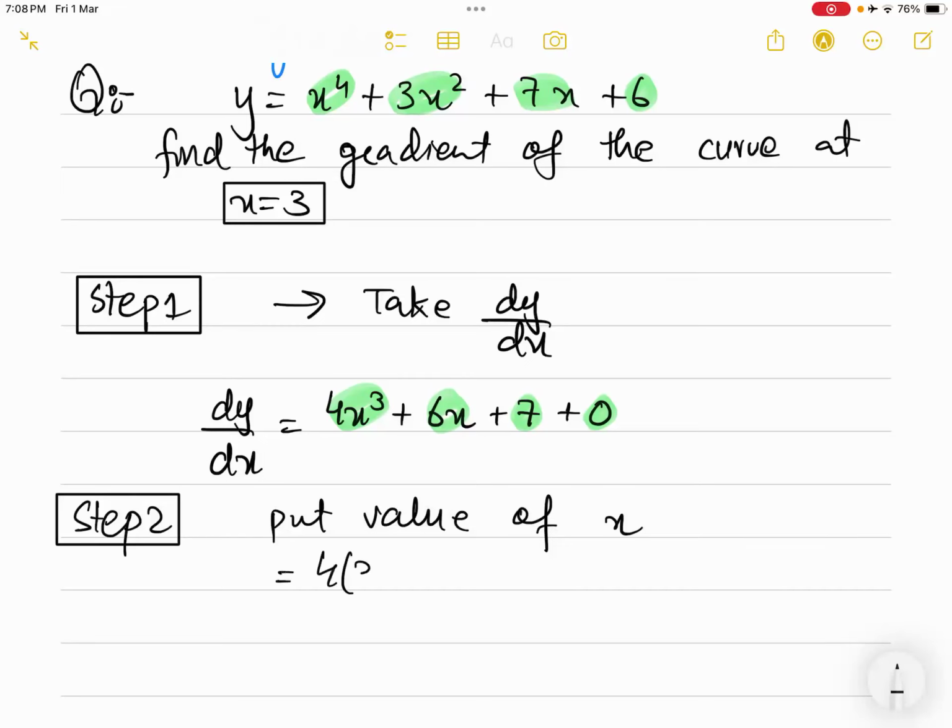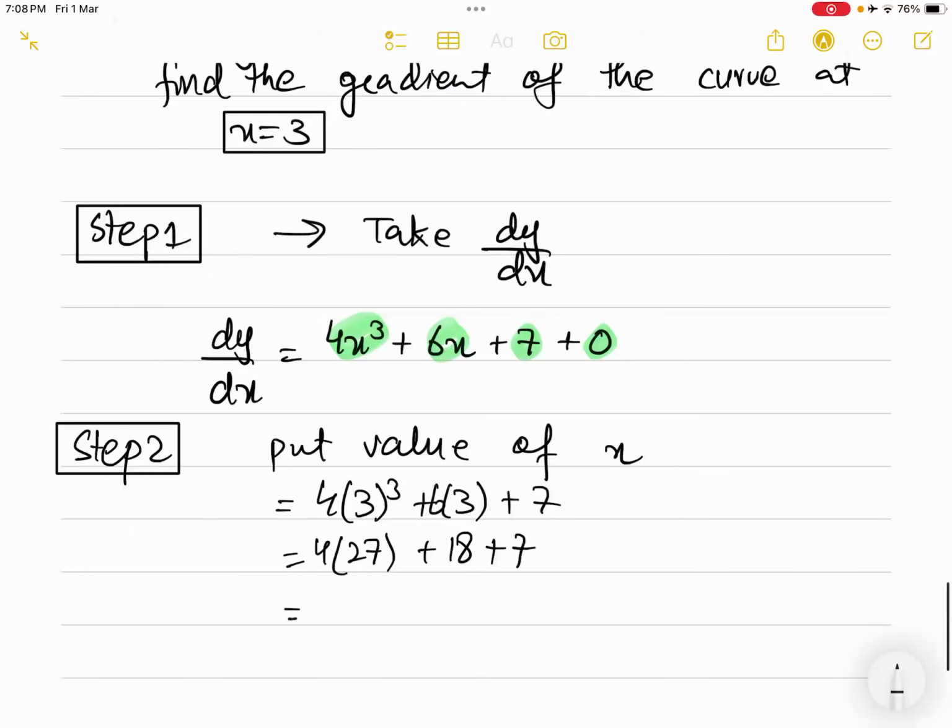So 4 into 3 cube plus 6 into 3 plus 7. 3 cube is 27. So 4 times 27 plus 6 threes are 18 plus 7. 18 plus 7 is 25.